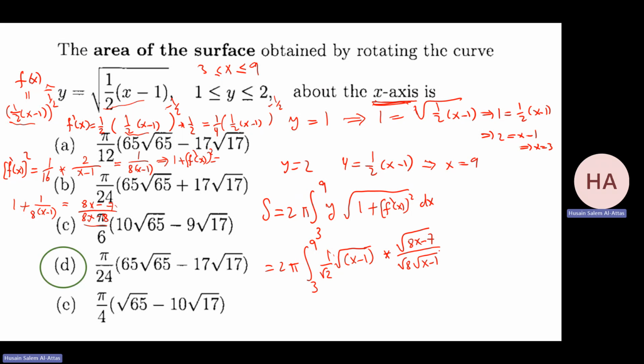So this cancelled. This gives me 1 over 4. Hopefully the calculation is correct. Square root of 16 is 1 over 4. That gives me pi over 2 of this integral.